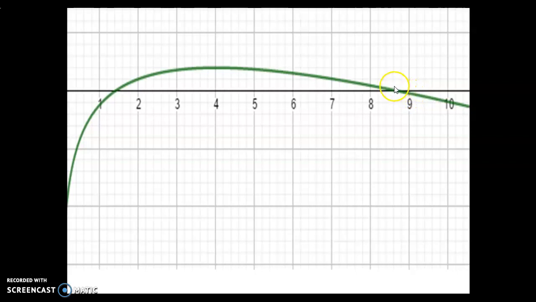So that means that our root, this x value, must be somewhere between 8 and 9. It's like the easiest logic problem ever. f of 8 was more than 0, f of 9 is less than 0, the root must be somewhere in between. Since there's a change in sign, one's positive, one's negative, we can conclude there's a root in between.